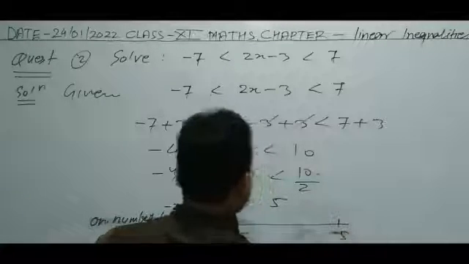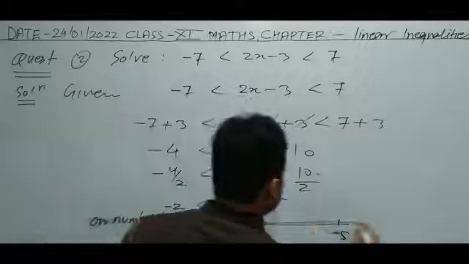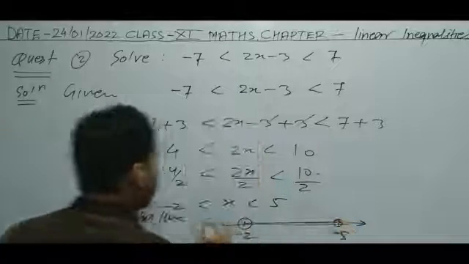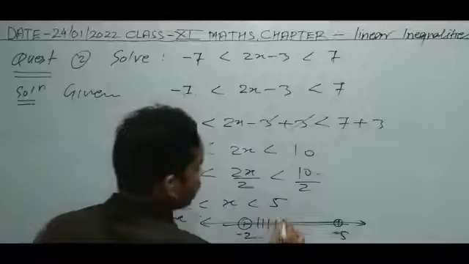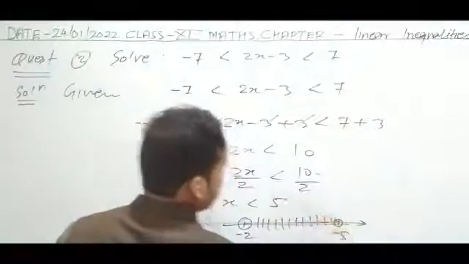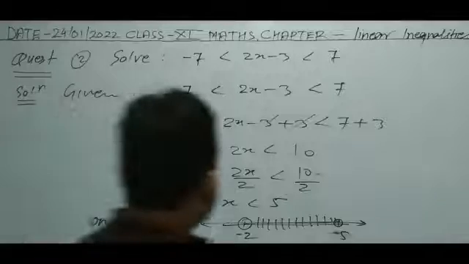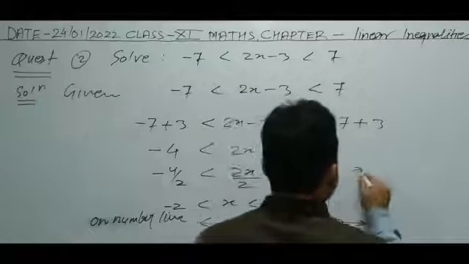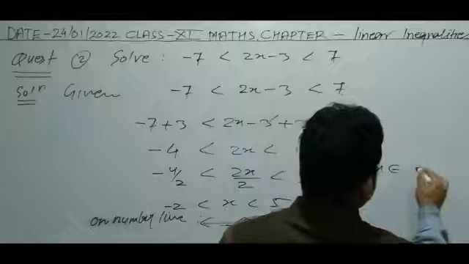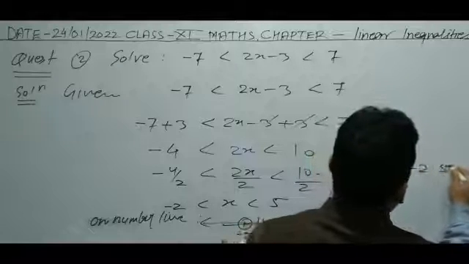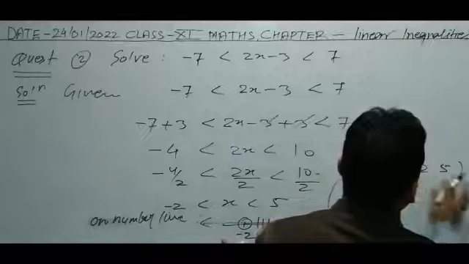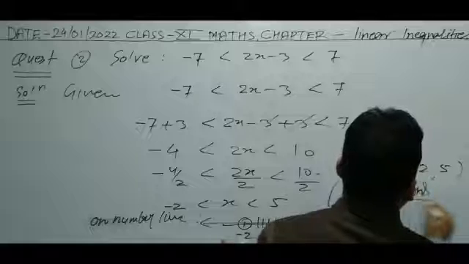So greater than minus 2 and lesser than 5. This is the reason, means we can write x belongs to minus 2 to 5 in open intervals. Now this is the answer.